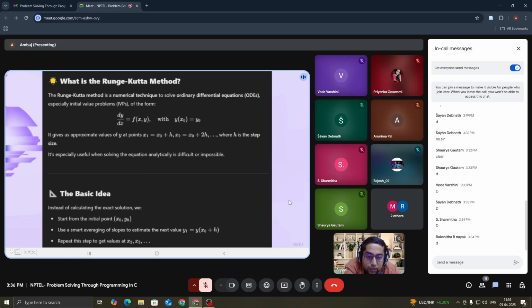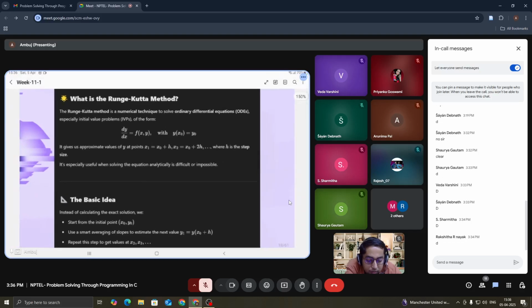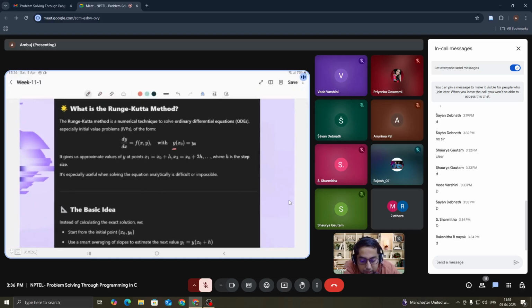Means one value would be given, which is the initial value of y. So the Runge-Kutta method solves initial value problems of the form dy by dx equal to f of x comma y, where y of x0 equals y naught. This is known as the initial value.